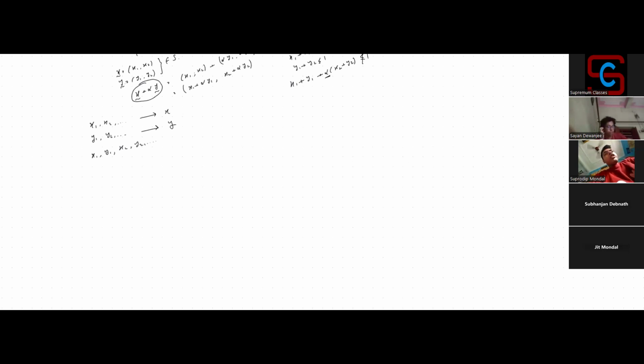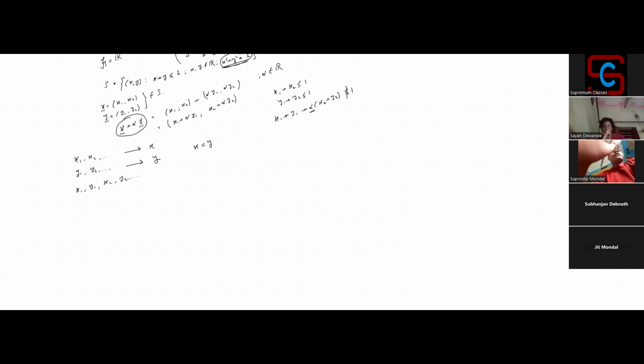It will not converge. It will converge only if x and y are the same. Can you prove that? We have a statement: if a sequence has more than one limit point, then it is called divergent. I am asking, do you know the proof of that statement?